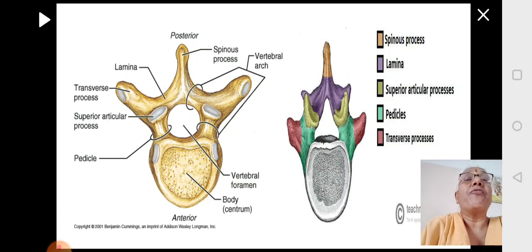Immediately in front of the body, you have what is called the pedicle. This pedicle is connecting the centrum to the transverse process. You can see two laterally extended processes called transverse processes.